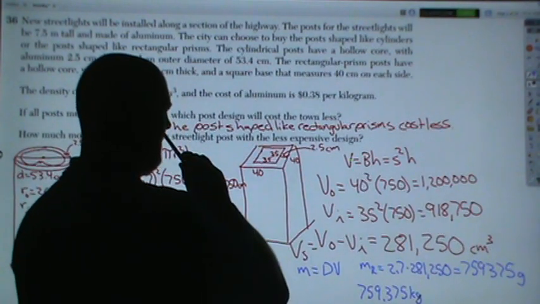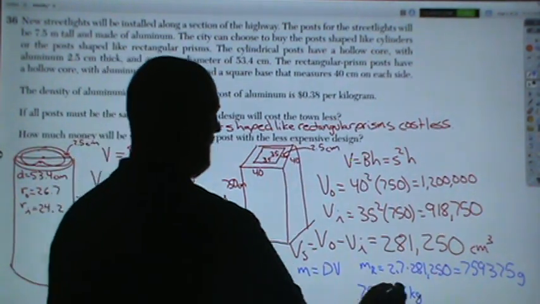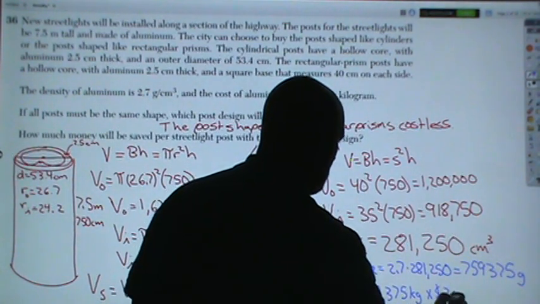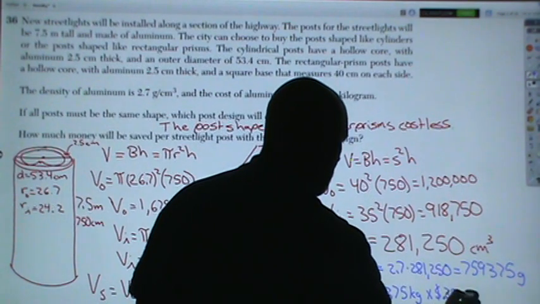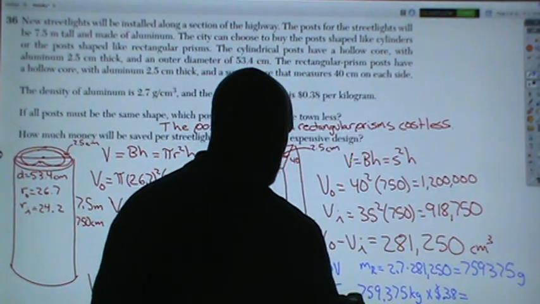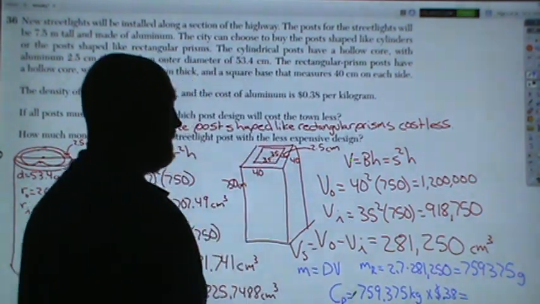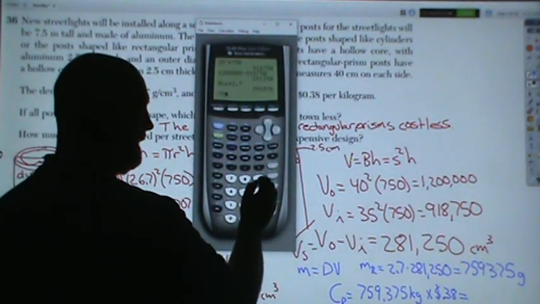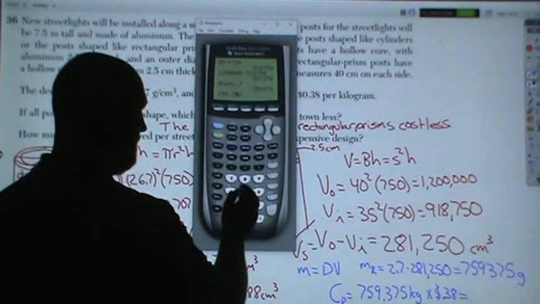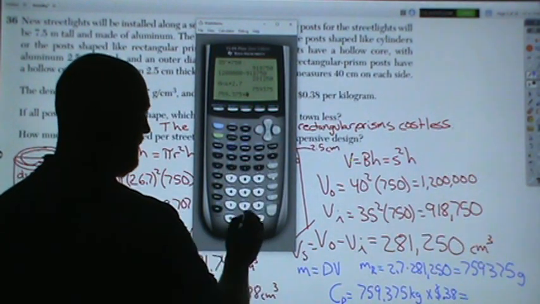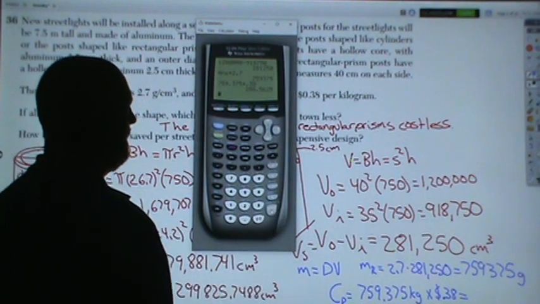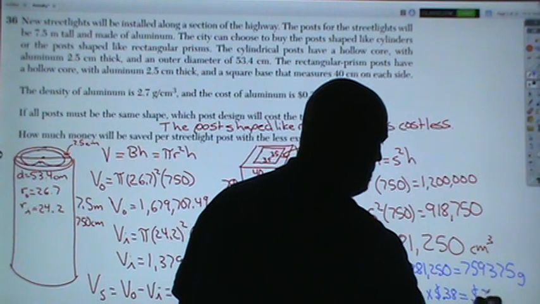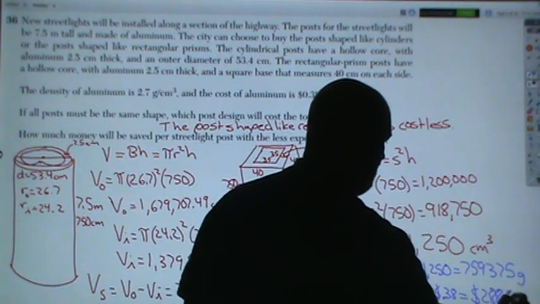And I'm going to multiply that by 38 cents per kilogram. And that will give me the total cost of the rectangular prism. So I'm going to take 759.375 and multiply that by 0.38. So that's going to be $288.56.